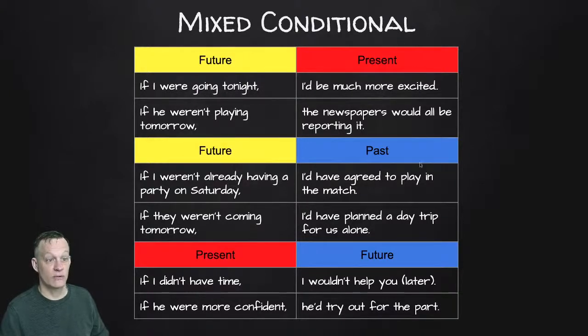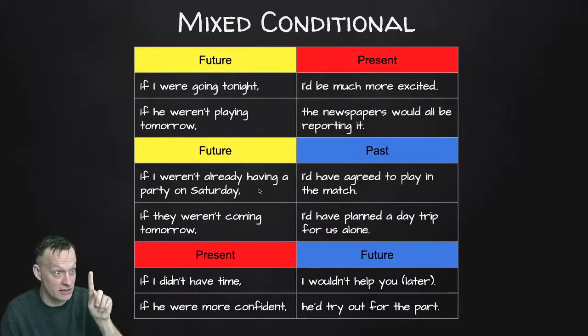So last one, future with the past. So let's link a future with a past regret or a past change. If I weren't already having a party on Saturday, I am having a party on Saturday. But if I weren't already having a party on Saturday, it's planned, and I'm having it in the future, I'd have agreed to play in the match with my friends.